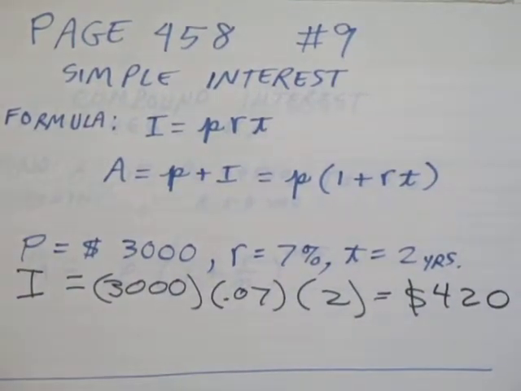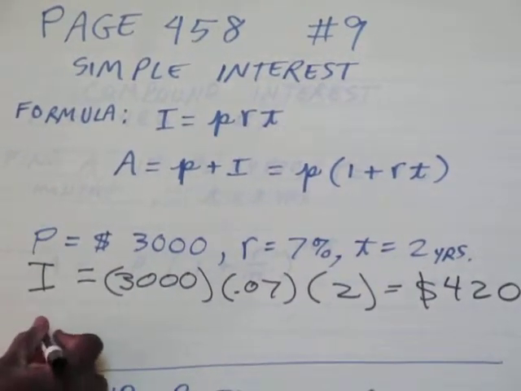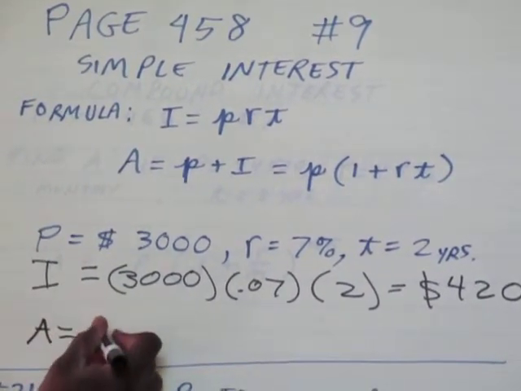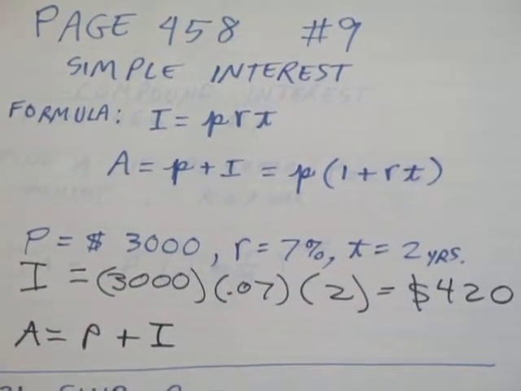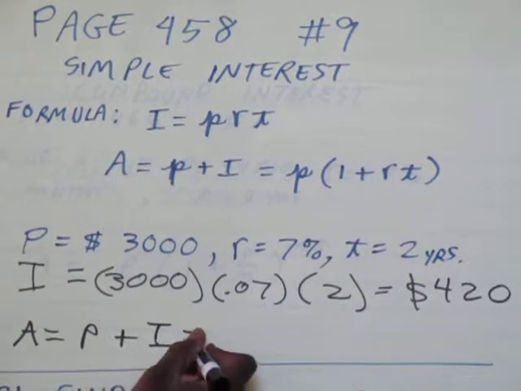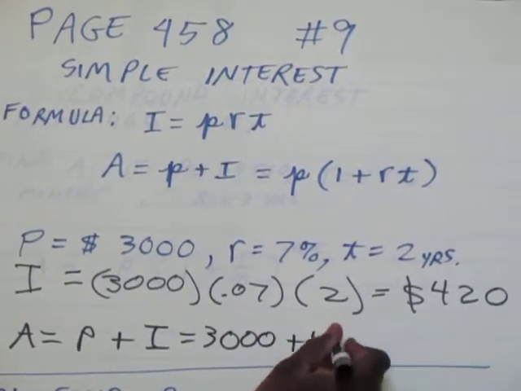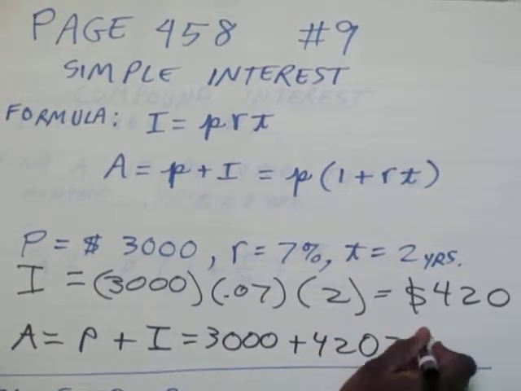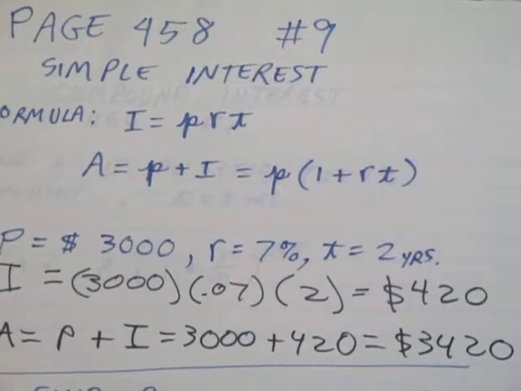That is the amount of interest that's accrued. The amount in the account is simply the principal plus the interest, 3,000 plus 420, $3,420.